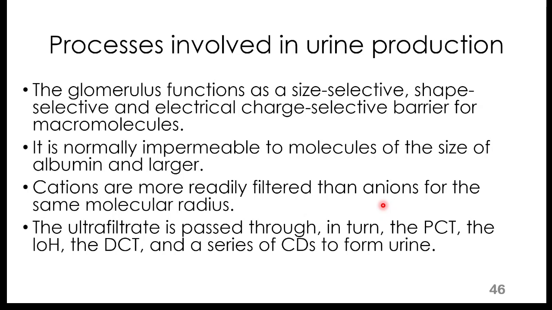All right, so because of the nature of the filtration barrier, right? For instance, we talked about the fenestrations of the glomerular capillary endothelium. We said they were about 70 to 100 nanometers in diameter. All right, so what this means is that any molecule within the blood in the glomerular capillary that is bigger than 100 nanometers in size will not be able to filter through, right?